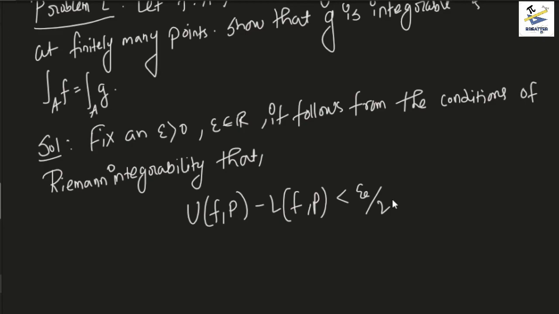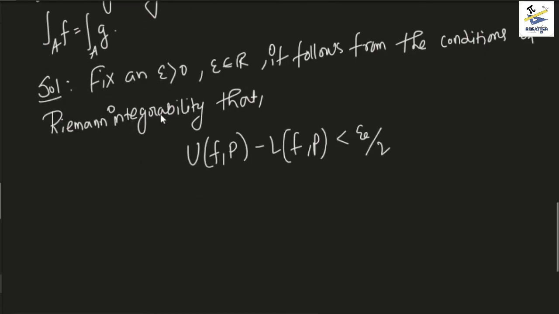Now, since we know that the partitions should be different for f and g, because g is not equal to f at finitely many points, right? If we are going to integrate f with the partition P, then we need another partition P prime.